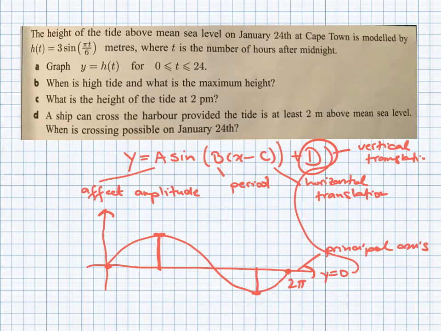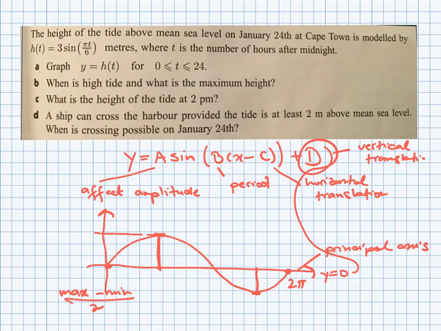How can we find our amplitude? Usually we can look at the number there, but pretty much amplitude is equal to maximum take away minimum over 2.